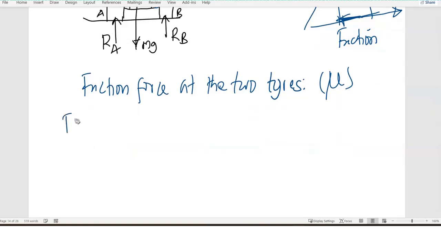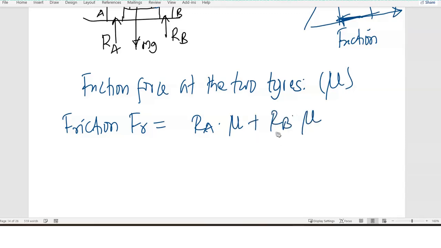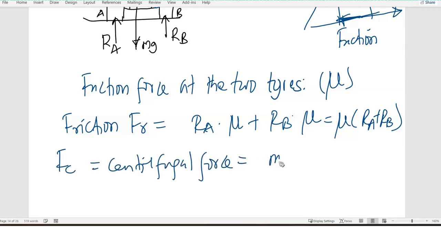So the force of friction, Fr, will equal Ra times nu plus Rb times nu. So this gives you nu into Ra plus Rb. Now, Fc, which is the centrifugal force, will equal mv squared out of r.